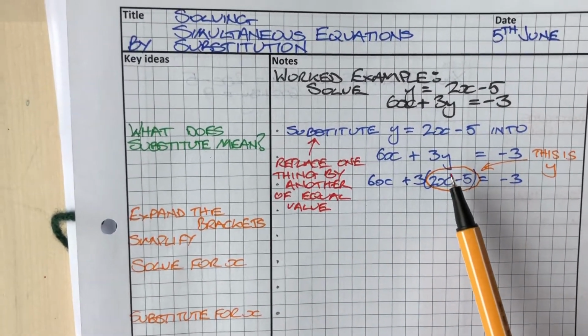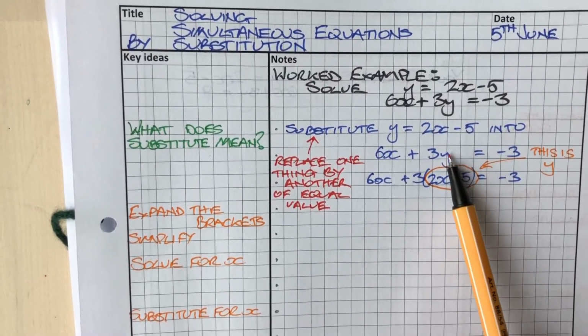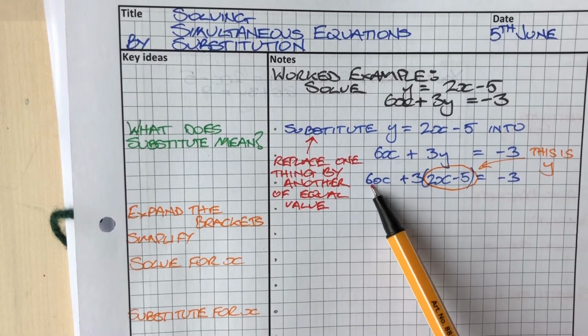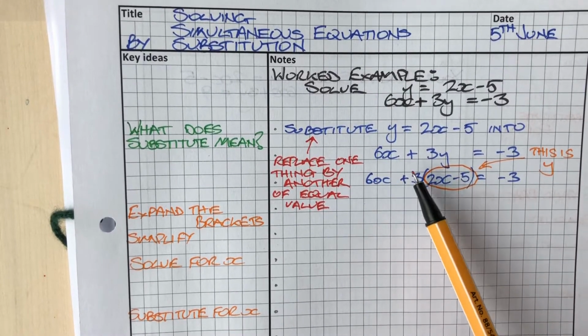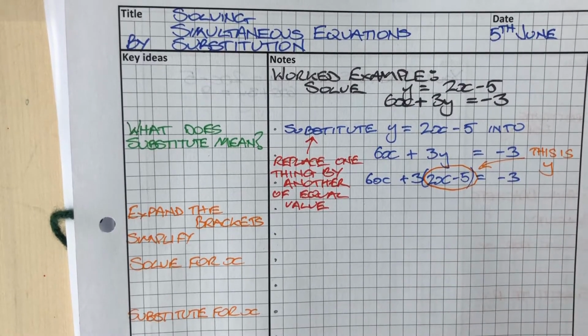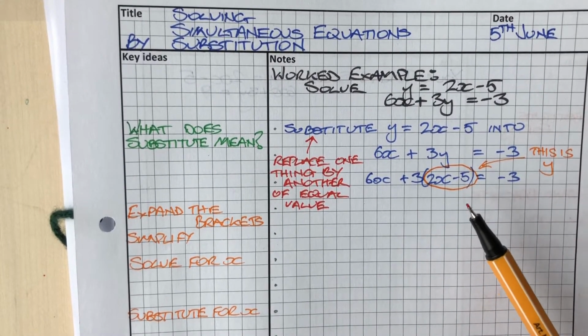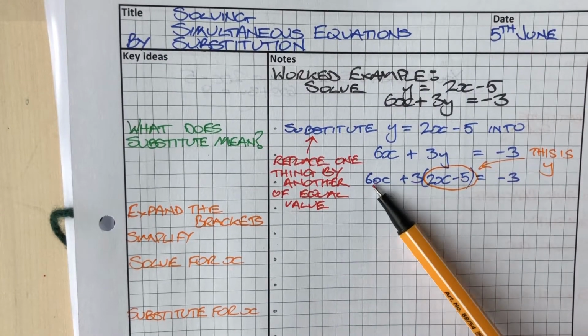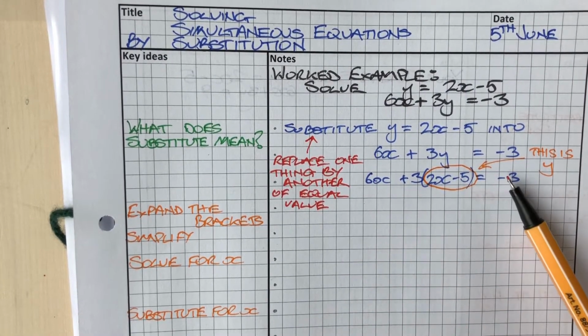So I've replaced y by 2x minus 5. Everything else in this line has stayed the same. 6x add 3 lots of that equals negative 3. But what I've done is I've removed y from this equation. So now I've got an equation that only has x in it.